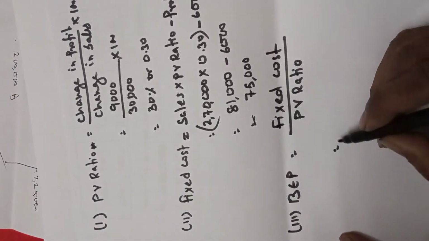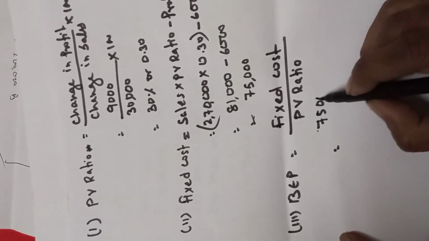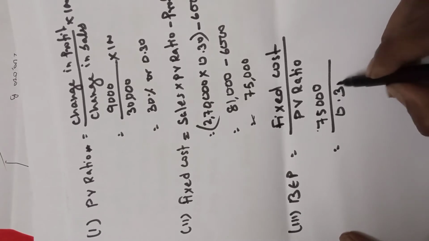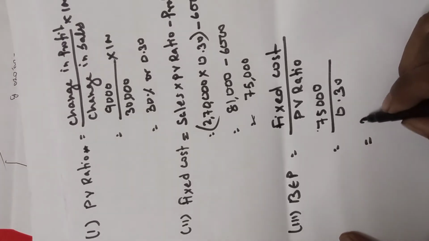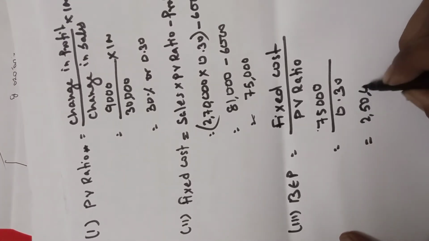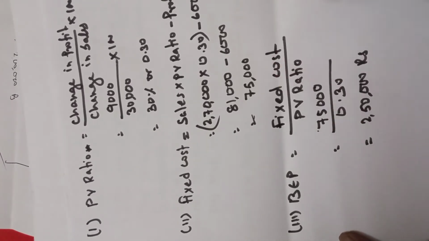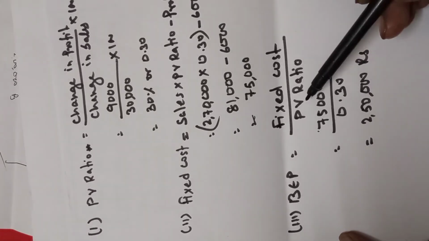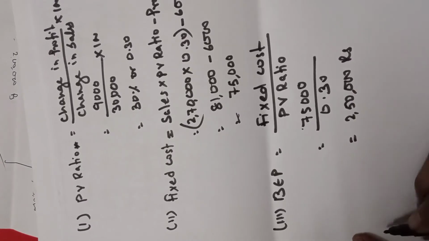We already found the fixed cost, that is 75,000, and the PV ratio is 0.30. So 75,000 divided by 0.30 is 2,50,000 rupees, the break even point. Clear? So the BEP formula is fixed cost by PV ratio.